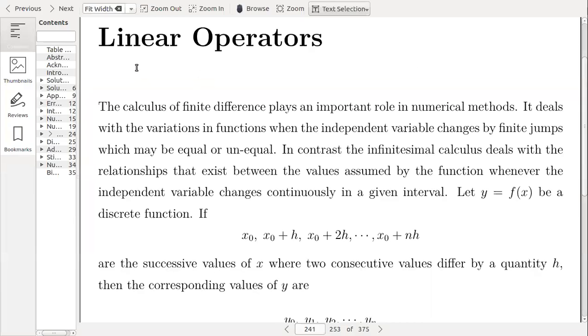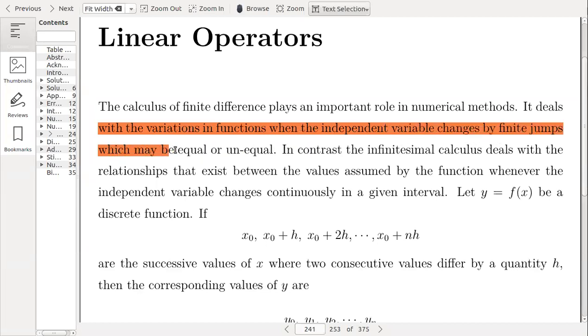So we can start with linear operators. The calculus of finite difference plays an important role in numerical methods. It deals with the variations in functions when the independent variable changes by finite jumps, which may be equal or unequal.